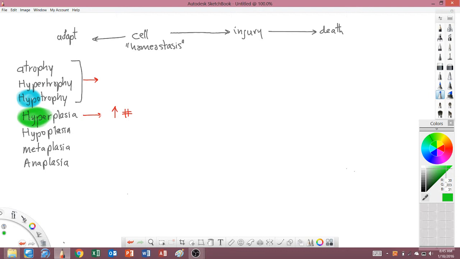For example, hypoglycemia is not a normal state. Hyperglycemia is not a normal state. Euglycemia is the normal state. Let's talk about something maybe you can relate to. What is your body temperature? 98.6, something like that. Now, if it's too high, that's hyperthermia.